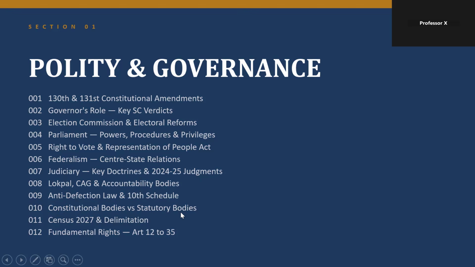Now there is a theme of UPSC going into the depth of new bodies, into different kinds of themes regarding their structure, how they were formed, what are their members, what is their age, what is their function. Census 2027 and delimitation is of course going to be in the news, and fundamental rights are always in the news related to some judgment or some news article or the other. Let's dive right into it.